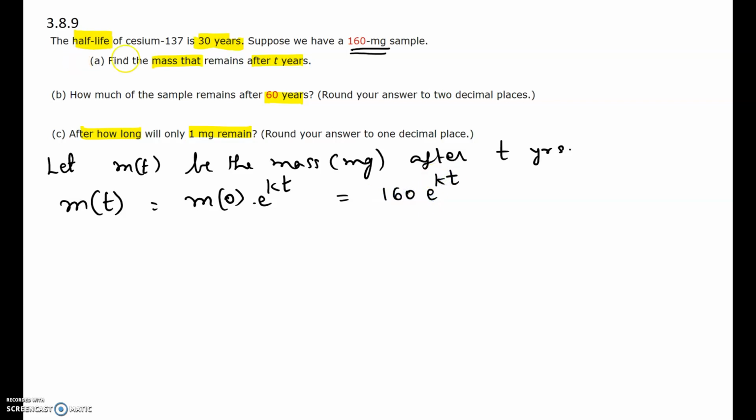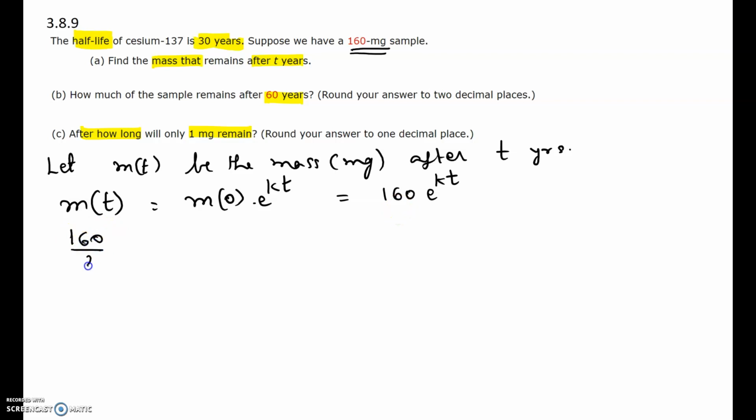Then it says the half-life of cesium is 30 years. So for the mass of 160 to become half of its size, 80, it takes 30 years. So we have to use that condition. Time equals 30 when m of t becomes 160 over 2.